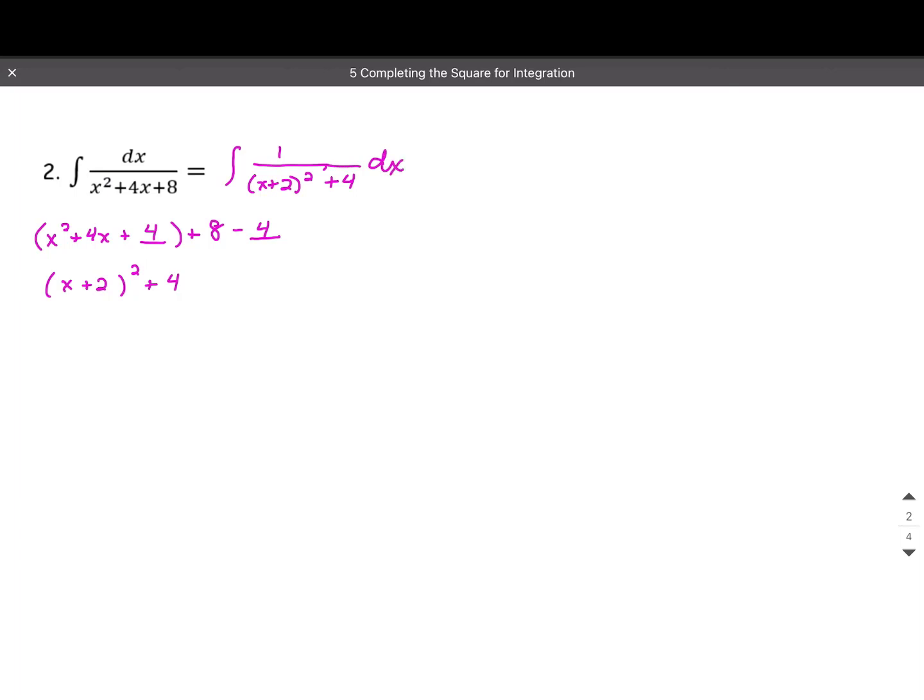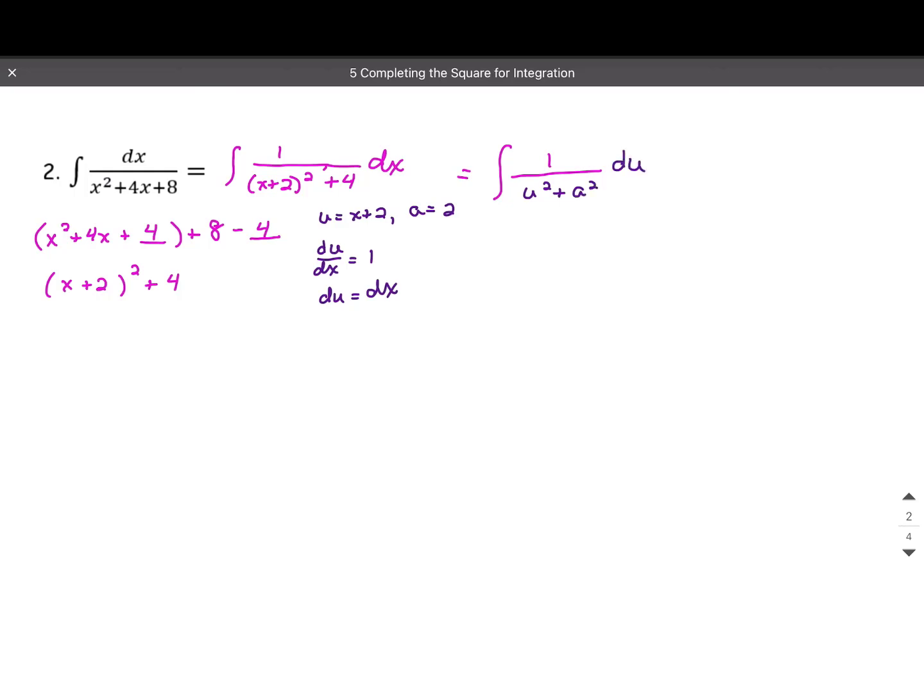Now we can look at this and say, okay, my u is x plus 2, and my a is the square root of 4, which is 2. And du dx is 1, so du is dx. That means I'm going to have the integral of 1 over u squared plus a squared du.